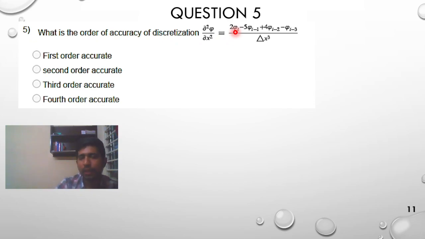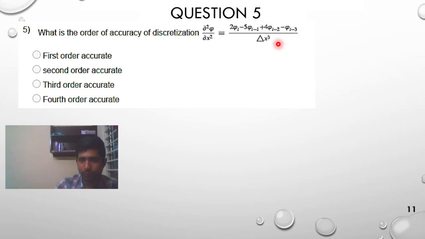The approach which I follow for such kind of questions is just doing this calculation. You know how to expand phi of I minus 1 from Taylor series, phi of I minus 2, and phi of I minus 3 also.